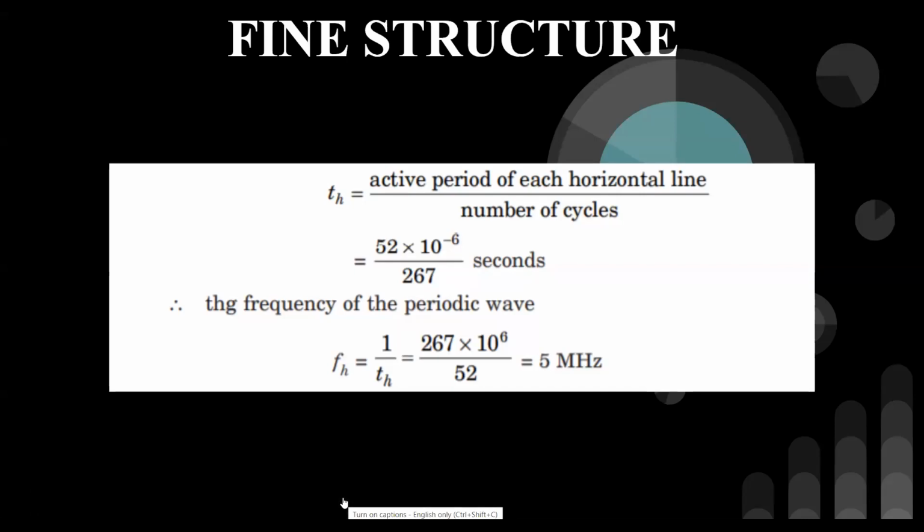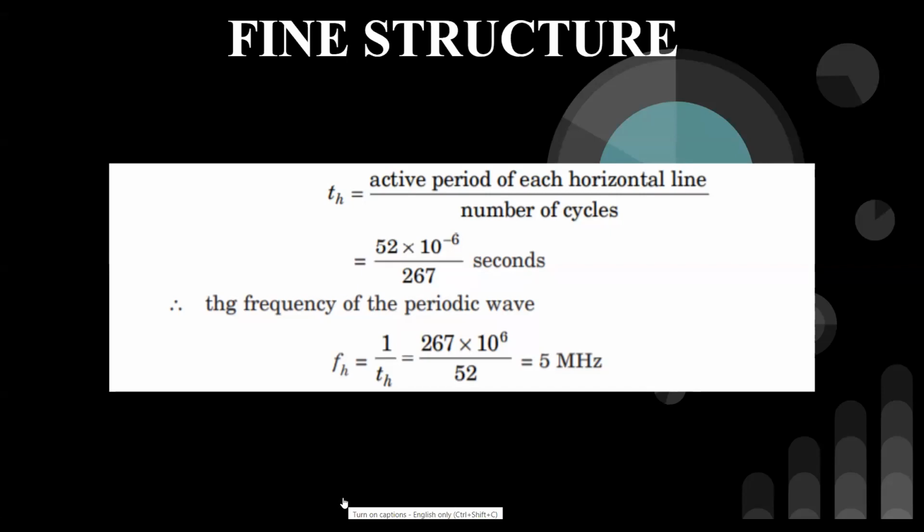These 266 cycle voltage changes get generated in the particular time period of 52 microseconds, so that the beam takes to scan one line in the horizontal plane.